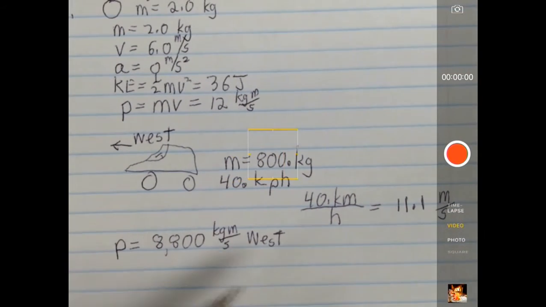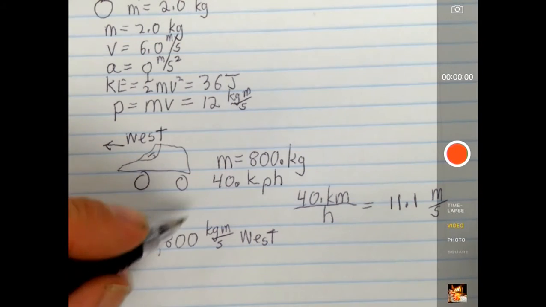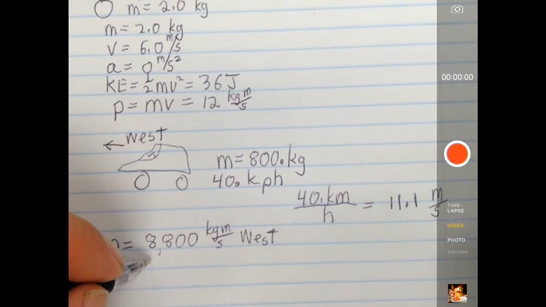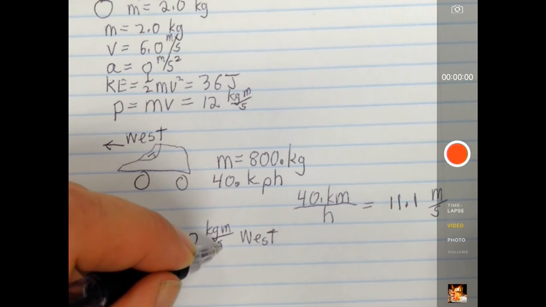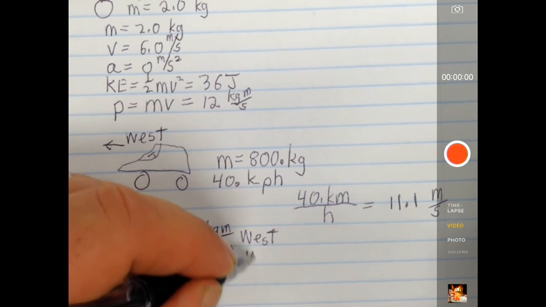If I left it as 11.1111111111, or for that matter, if I do 11.1 times 800, the calculator says 8,888.88888889, in which case you would properly round this up to 8,900 kilogram meters per second west.